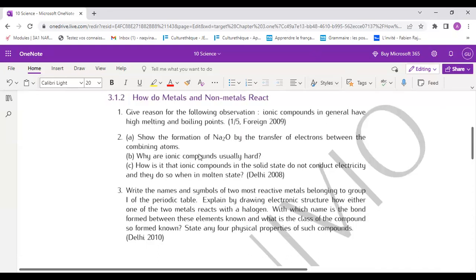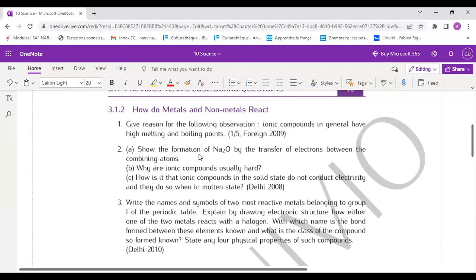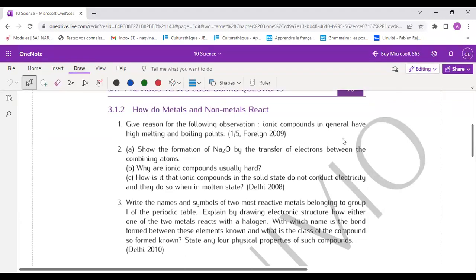Yes, ma'am. This topic is, how do metals and non-metals react? The first question is, give reason for the following observation: ionic compounds in general have high melting or boiling points.